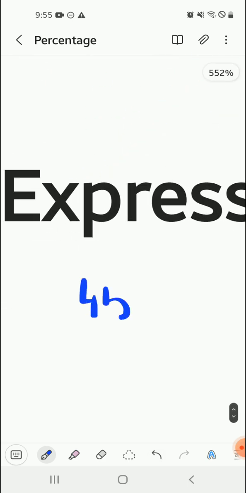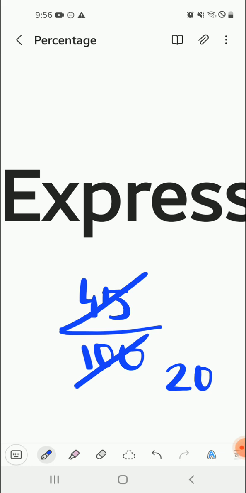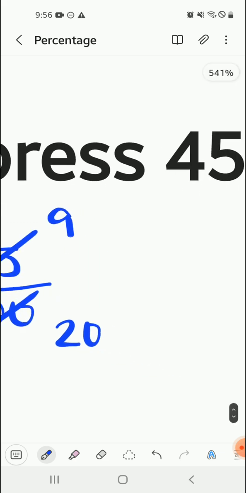So 45% means 45 by 100. Simply cancel the number as much as possible. So divide both with 5. This becomes 20, and 45 divided by 5 becomes 9. Not possible for us to cancel it any longer, and because it's a proper fraction, we can't even convert the number into a mixed fraction. So my answer is 9 by 20.